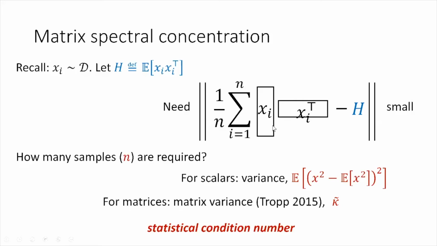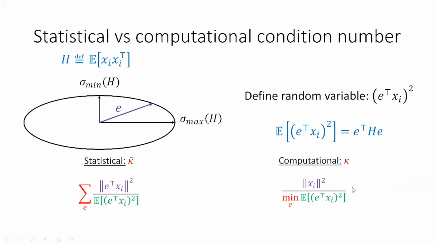If xi was just a scalar, we know that variance gives us a good quantity, or in general higher moments if you want high probability guarantees. So the variance of this x square quantity is what tells us how many samples we need to collect for the empirical average to be close to the true average.